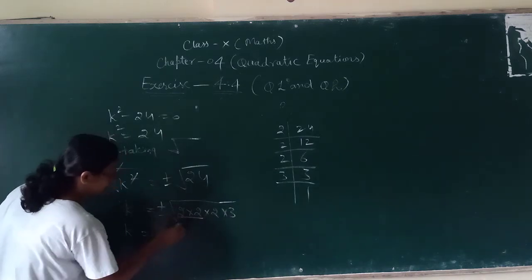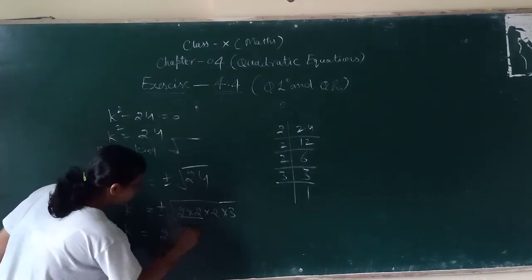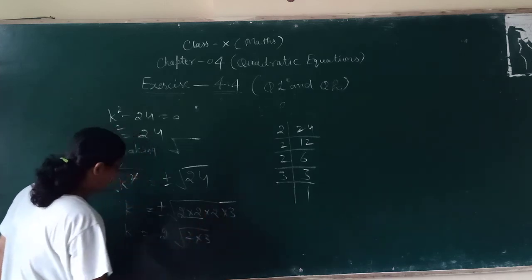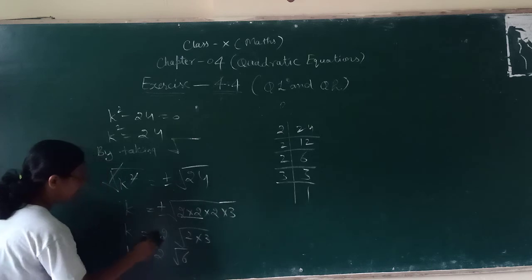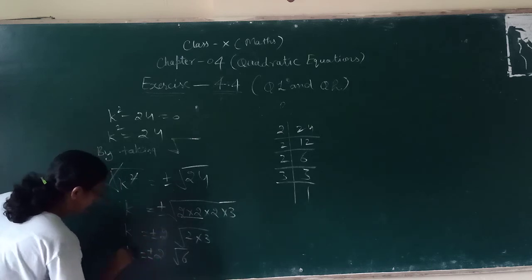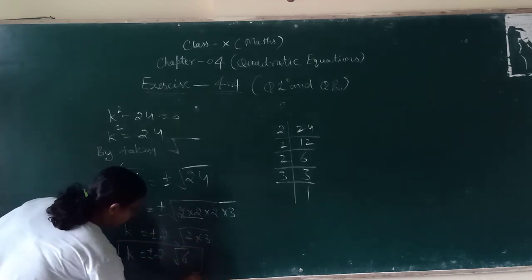Now 2 outside and 2 into 3 left inside, so at last you will get 2 root 6, but plus minus sign will go as it is.